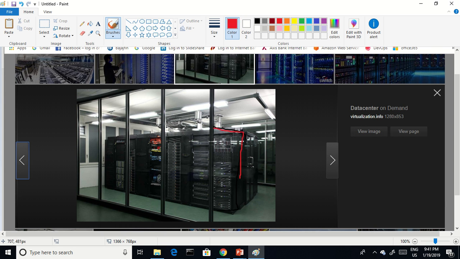This is a single rack, this is another rack, and this is another rack. So this is called one row. We can have a lot of rows in the data center, and we can have multiple racks. Here in this rack we can have servers, and storage devices we can stack here.